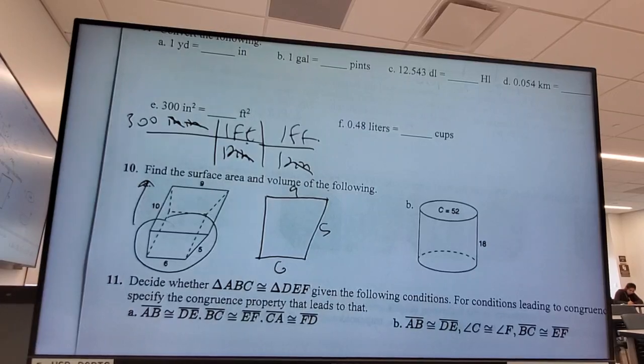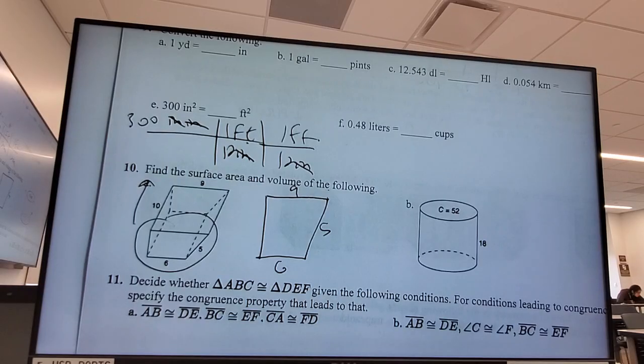So in order to do this problem, I have to know this, yes? How do I find that? Once you find that, everything just falls into place.